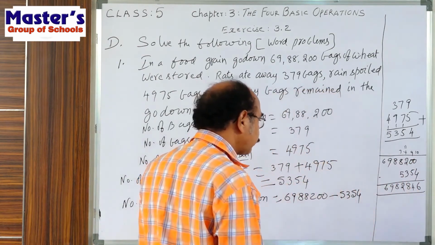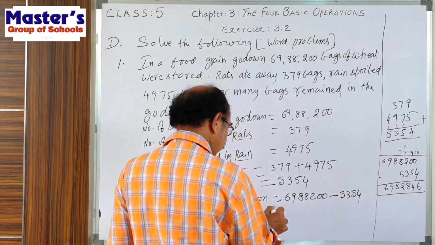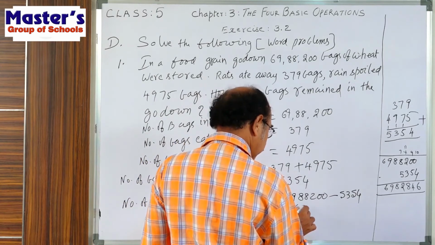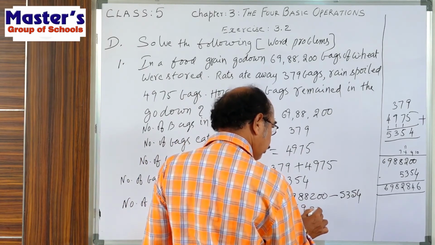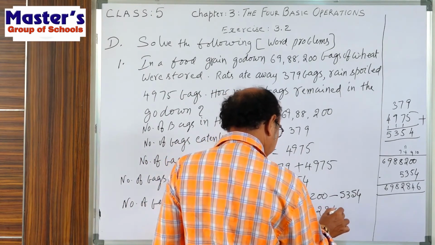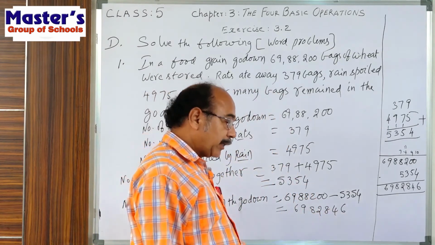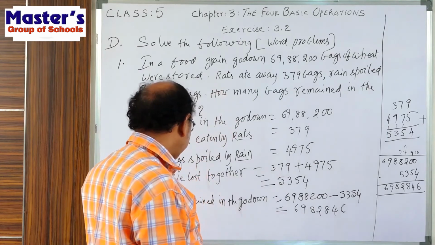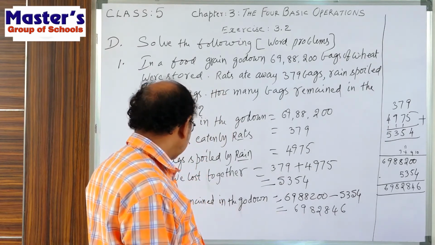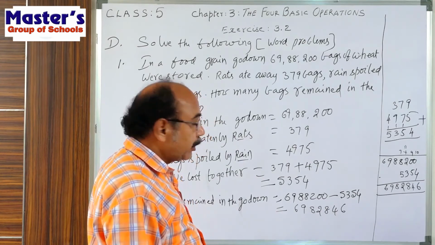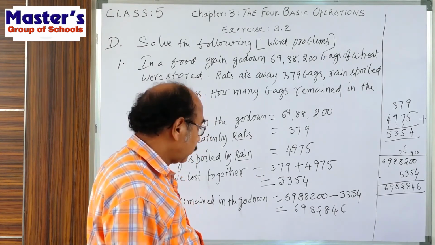So 69,82,846 bags remained in the godown. How can you check your answer?